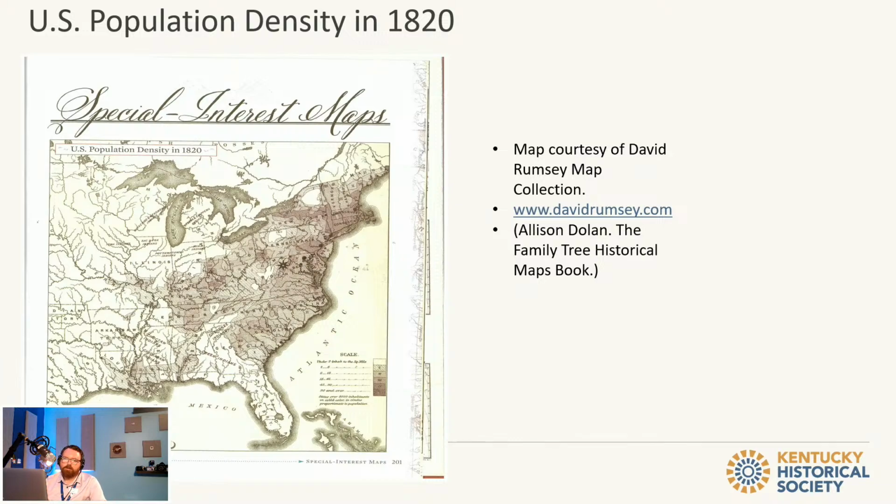Seeing things like this may not be of immediate use to general genealogy and family research, but it could still tell you whether an ancestor was in this denser area of the country, or were they starting to filter out into the Midwest and onwards.